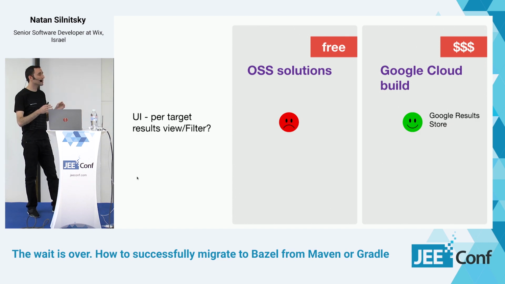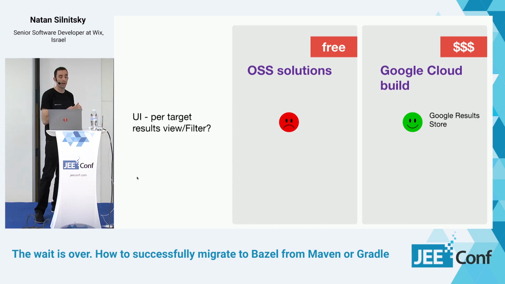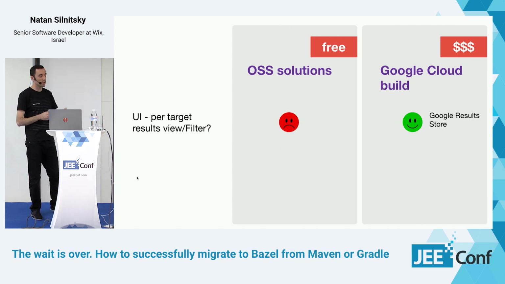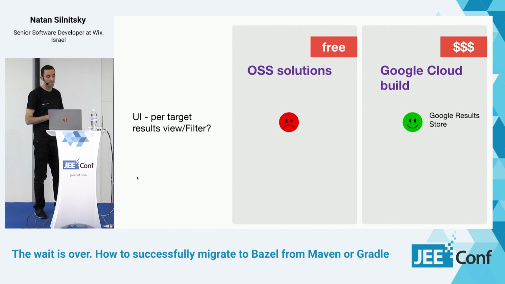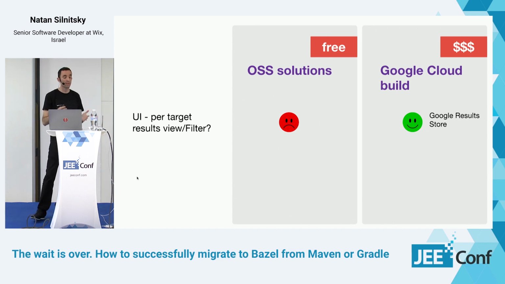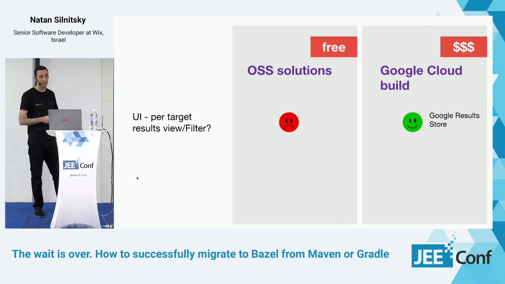So with Bazel, unlike other CI build tools, you need to have a specialized user interface in order to get per target results, because you build the entire repo and you want to get a more fine-grained look at what's going on. And currently there's no open source solution for such a UI, no Jenkins plugin or something like that.